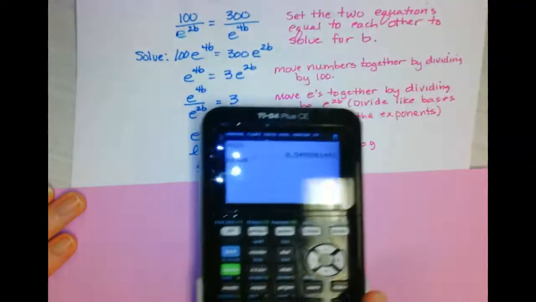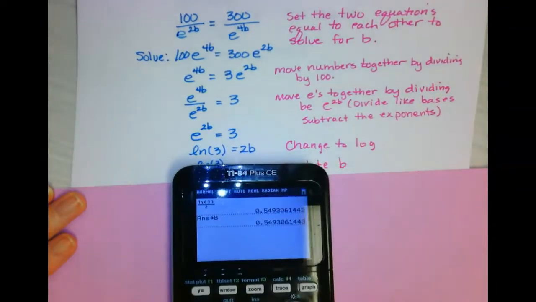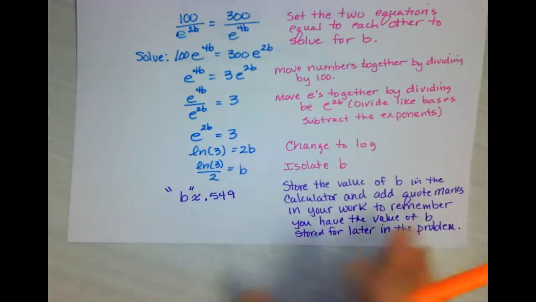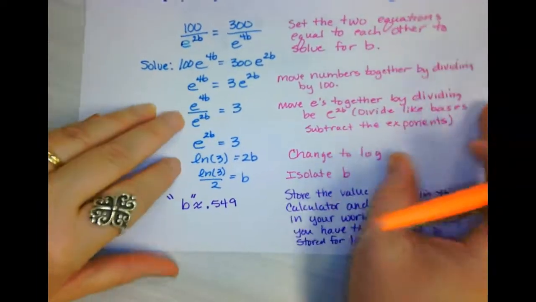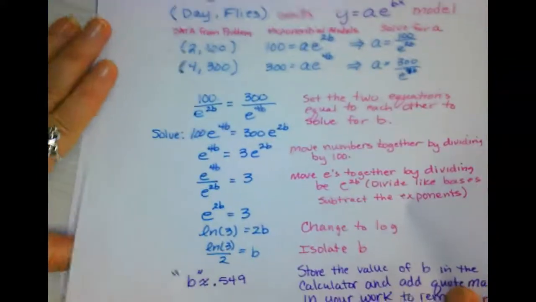And once I see the answer is stored in b, then I hit enter. And once it pops over there to the right, I know that this is stored. And anytime I need to use that further in my calculation, I have my b figured out. Okay, so once I have it stored in b, then I'm going to use b to help me figure out the other parts of the problem.